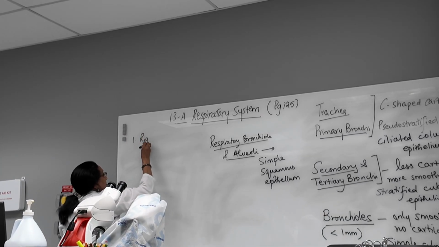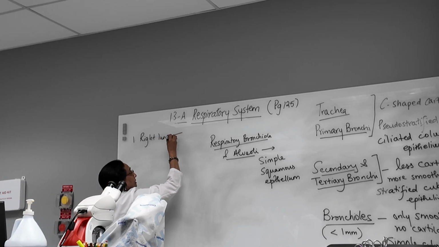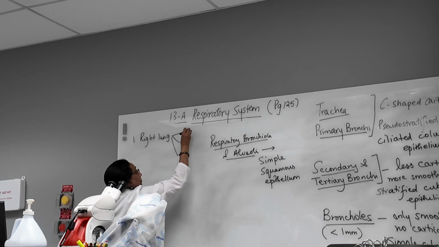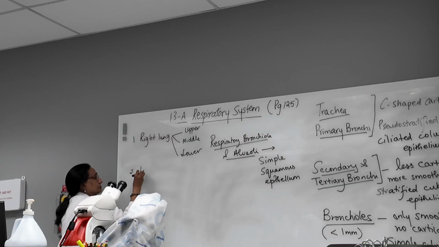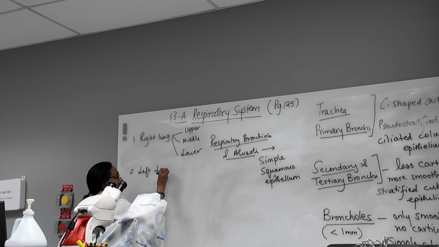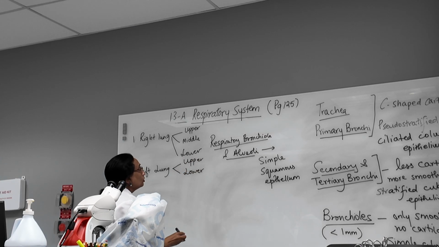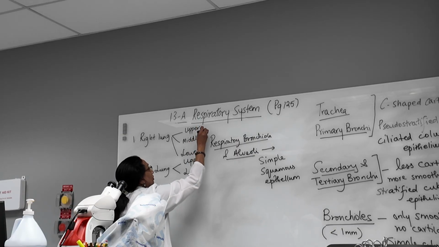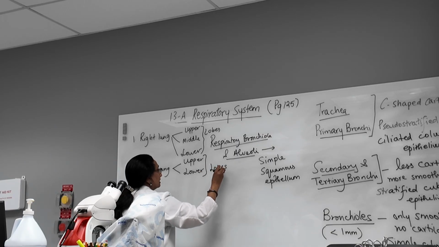Right lung, upper lobe, middle, lower. Left lung, upper, lower lobe. These are the upper, middle and lower lobes of the right lung, upper and lower lobes of the left lung.